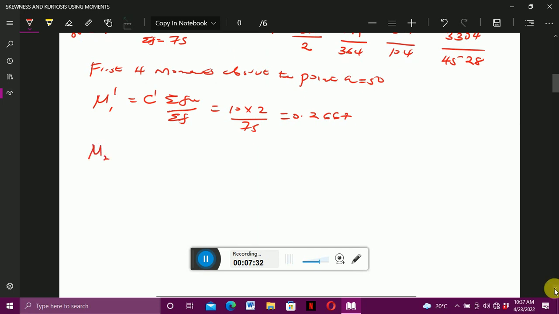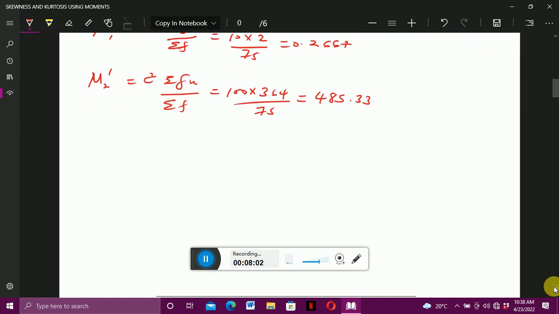We get mu2 prime given by C squared times sum of fu squared over sum of frequencies. C squared is 100 times 364, divided by 75. When we work that out, we should get 485.33.